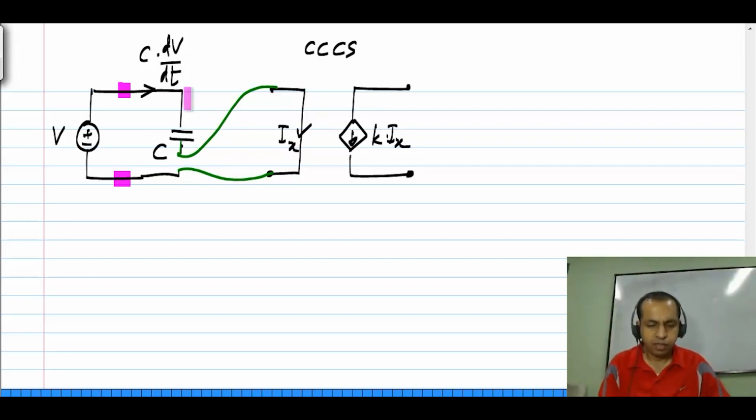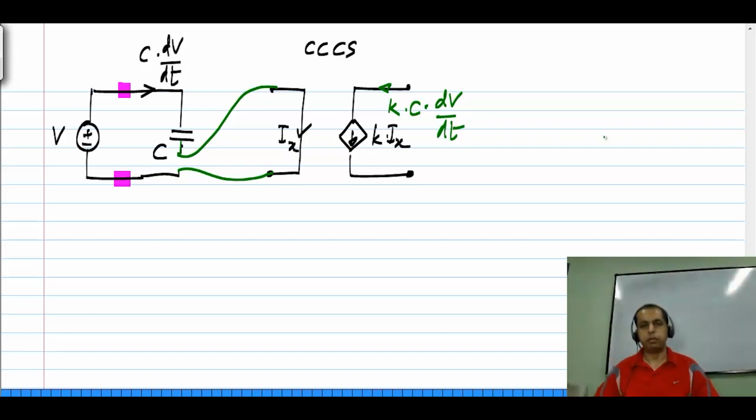So the current through the capacitor is still C times dV by dt. Now if you look at the current through the current controlled current source, it is K times C times dV by dt.